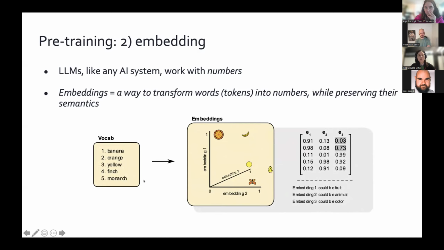example words, and we would like to have a way to represent them, which still kind of captures what they mean. So we could have these 3 sort of number vector representations, which capture, for example, if the word is a fruit, how likely is it to be a fruit?